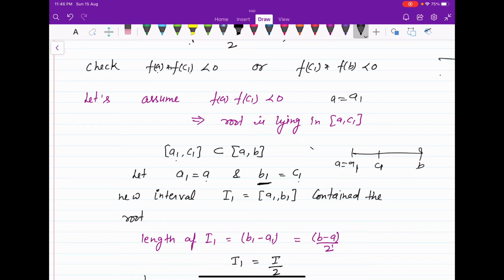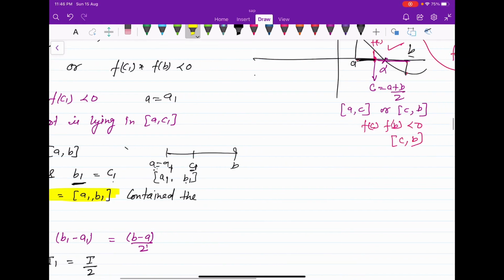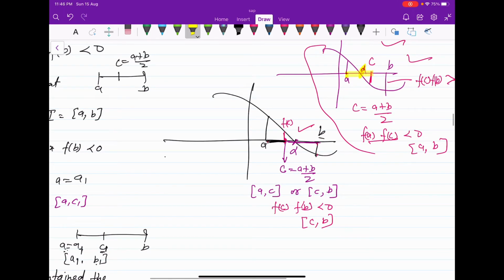So a equals a1, and c1 we take as b1, so we call the interval (a1, b1). The newly formed interval (a1, b1) is contained inside the interval (a, b), and it contains the root. Here a1 is this, and c1 equals b1.